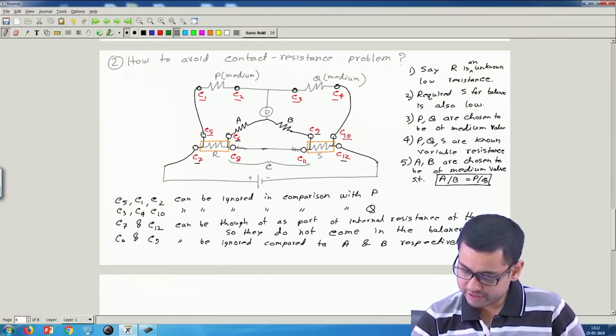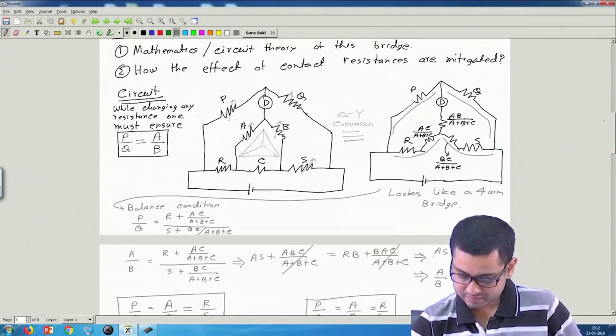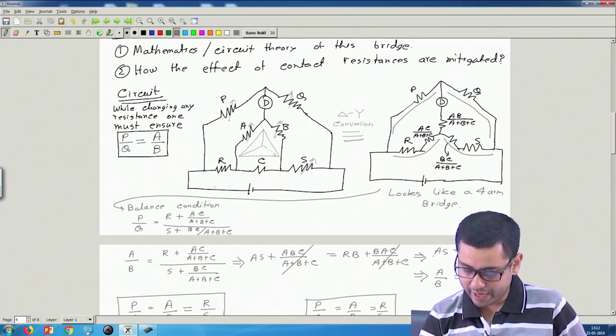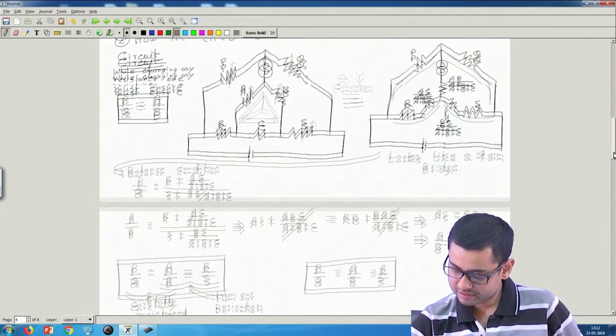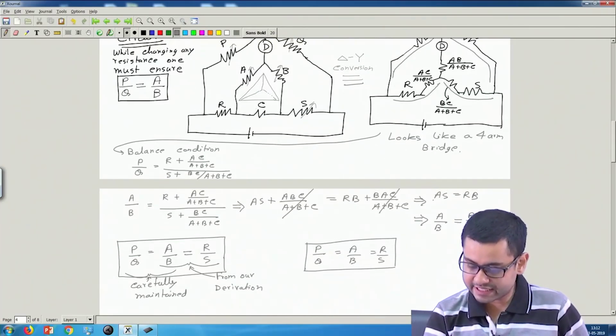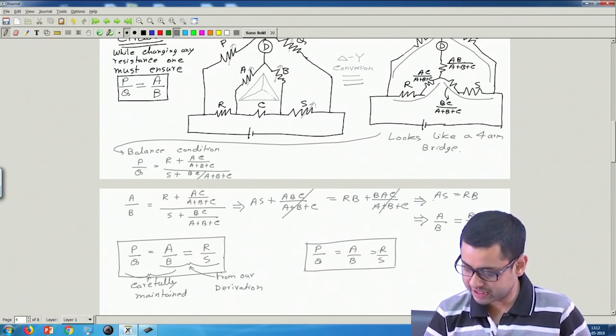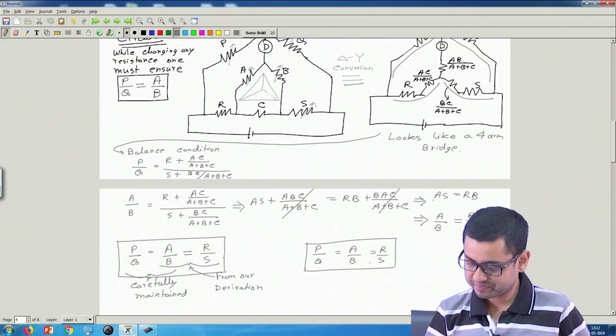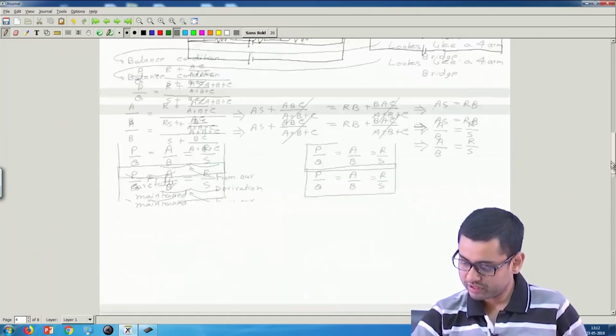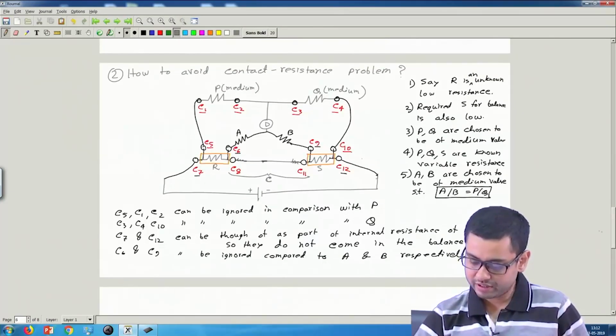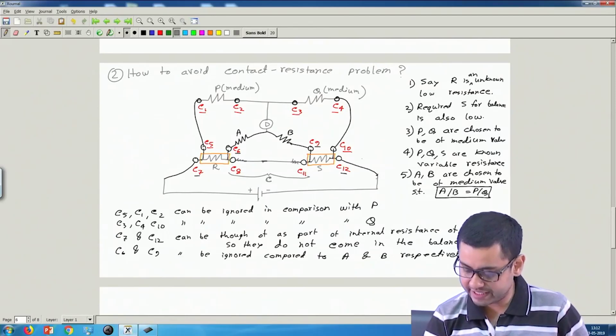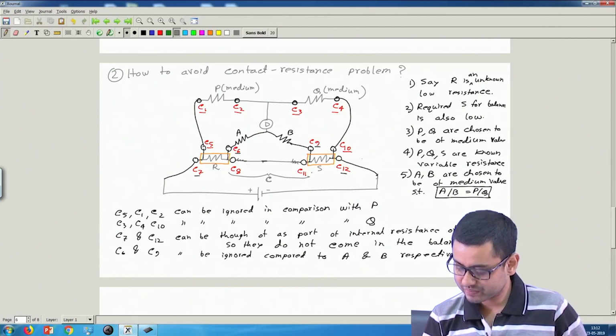And then in this bridge, when we have derived the balance equation, okay, C doesn't come in the picture at all. Whatever the value of C, it doesn't come in the balance equation. Therefore, in this bridge as well, whatever is the value of C8, C11, the contact resistances, they do not come in the picture at all.